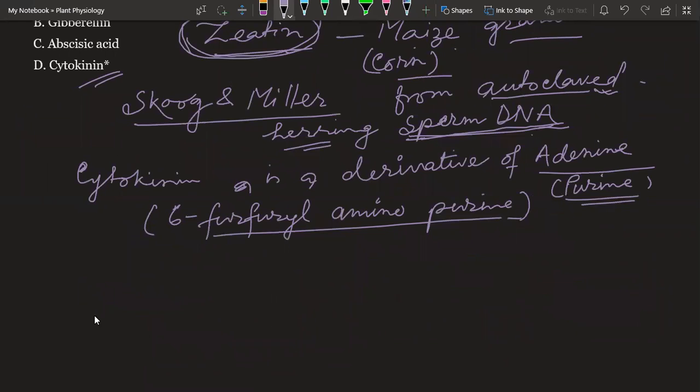The cytokinins promote cell division, as already told, and promote formation.